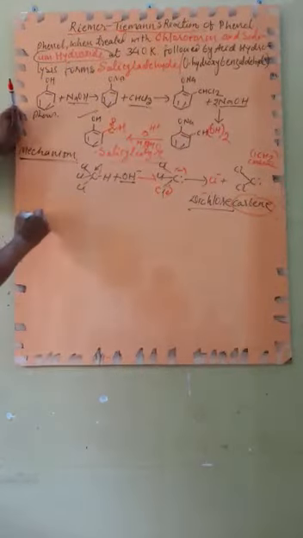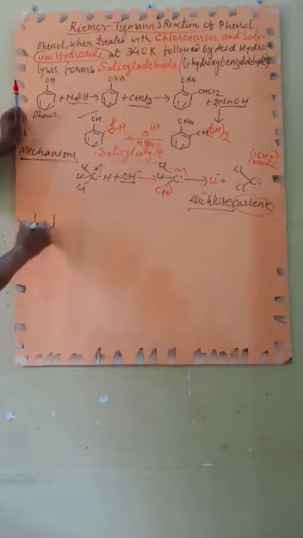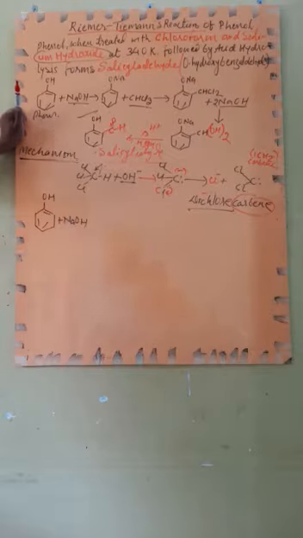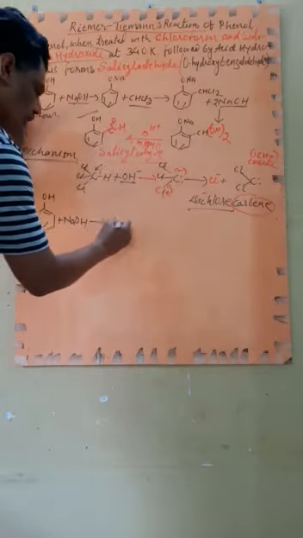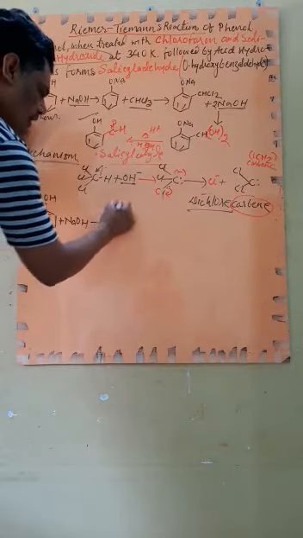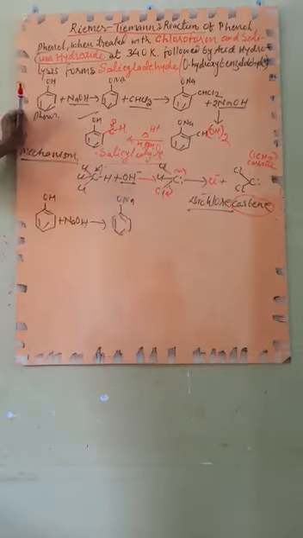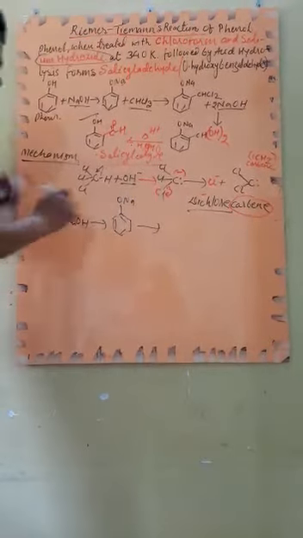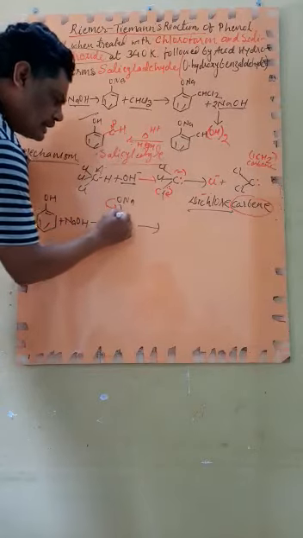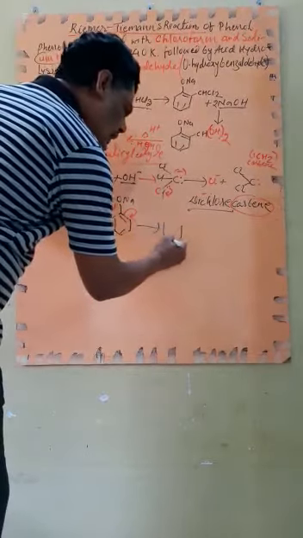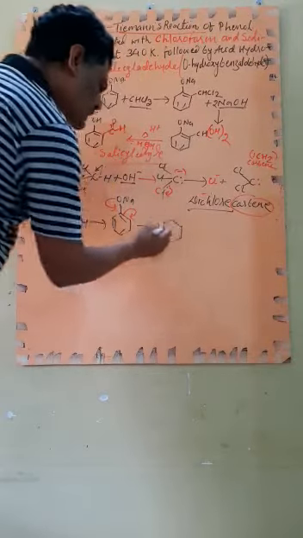Getting? While the reaction takes place, how will the reaction take place? In the mechanism, now you can check here. This is OH plus NaOH. Getting? It is getting converted into sodium phenoxide. This is ONa. Now ONa, by resonance, the electron pair is shifted here, therefore now this portion will acquire electron density.